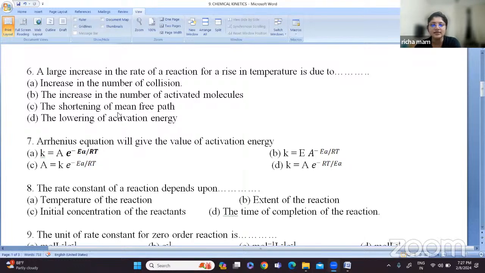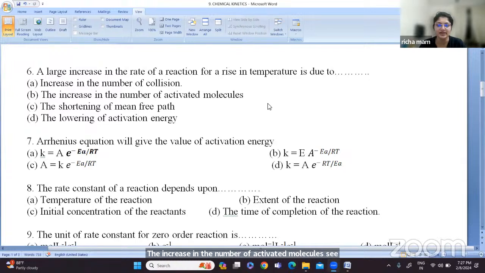A large increase in the rate of reaction for a rise in temperature is due to: A, increase in the number of collisions; B, the increase in the number of activated molecules; C, the shortening of mean free path; and D, the lowering of activation energy.